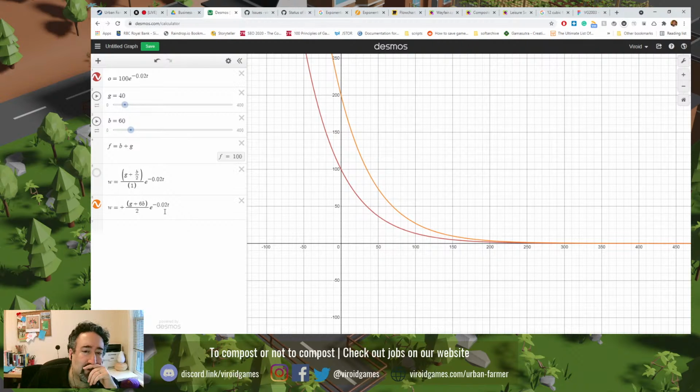I think that is throwing me off. Because this is what I kind of want to feel. I may even introduce a factor here. The G and B are part of this equation, but this is not the final form of the equation.